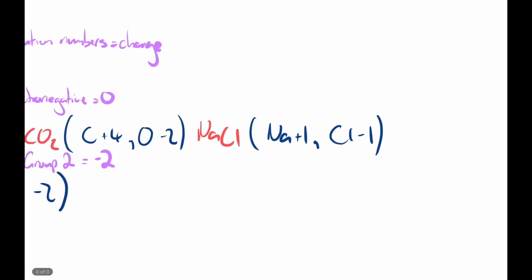Next, NaCl. We've got two things there. Na in group 1 equals +1. Chlorine in group 7, generally -1.